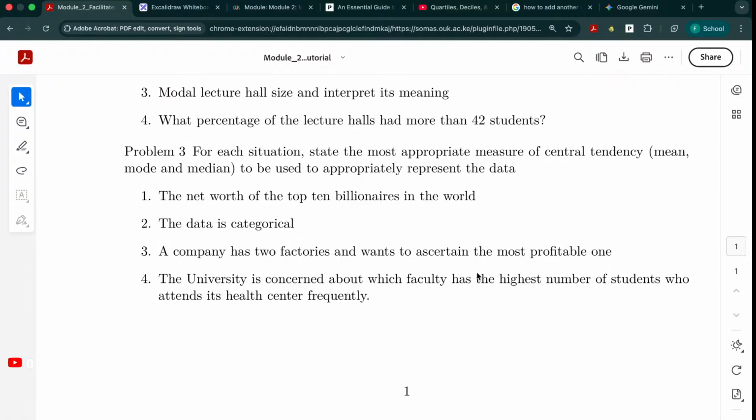And net worth, I think, is, let's guess, my mind is saying median. Let me pass it through the brain again.